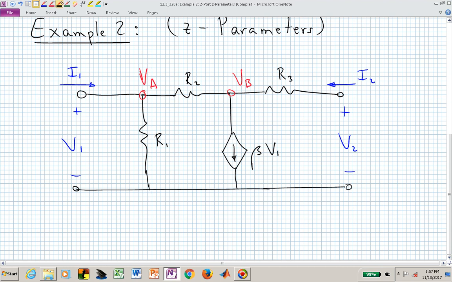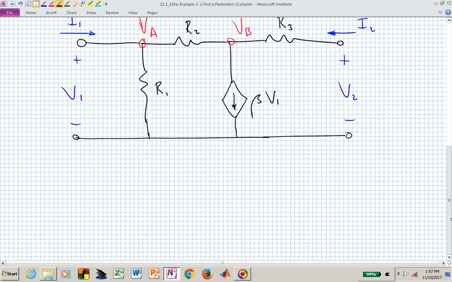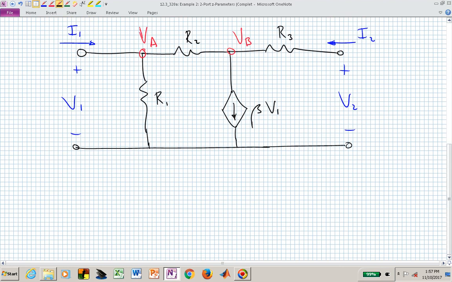But now that we've identified these node voltages, let's write a KCL equation at both of those nodes.